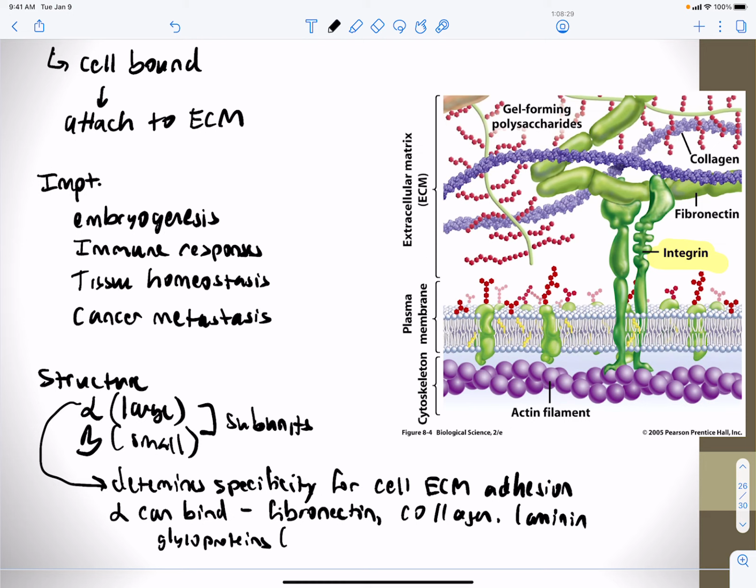One important one that it does bind is something called tenascin, etc. So these integrins can bind to many things. In this picture here, we have this particular integrin binding to fibronectin in the extracellular matrix space, but it could be collagen or something else as well.